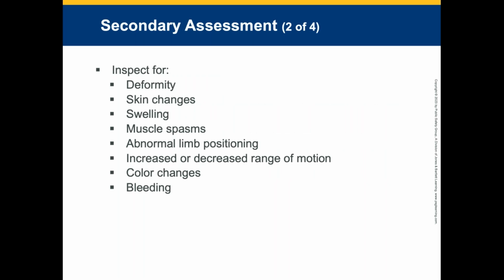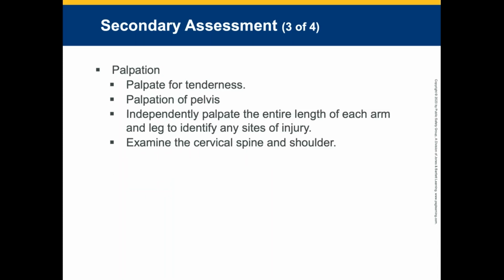We're going to inspect for DCAP-BTLS, deformities, skin changes, swelling, any kind of muscle spasms, abnormal limb positioning, increased or decreased range of motion, any kind of color changes in the area, any significant bleeding, whether it be internal or external. Then we're going to palpate for tenderness. This may be the only significant sign of underlying musculoskeletal injury, is you palpating and they have pain in that area, right?